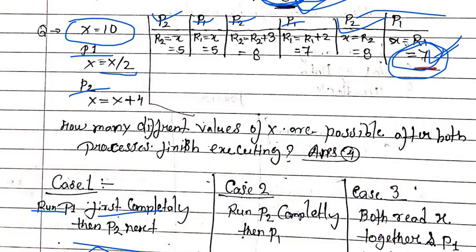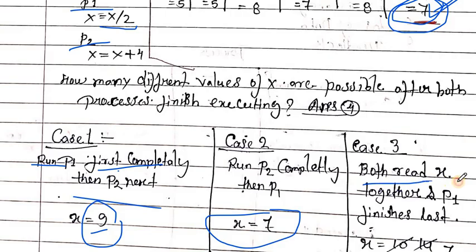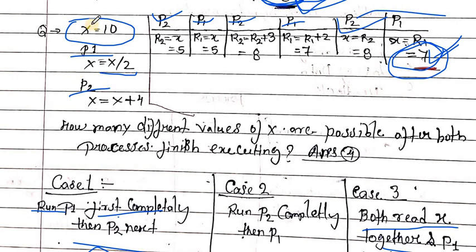In case 3, both read x together. Here the value of x is read by both processes simultaneously, but P1 completes its execution at last.